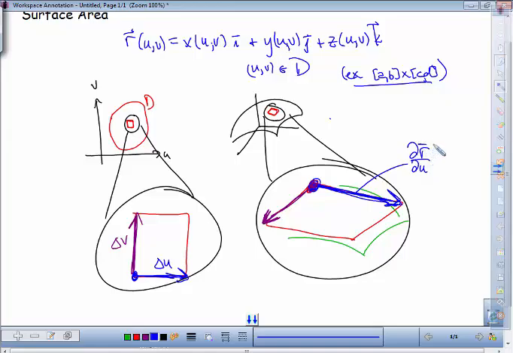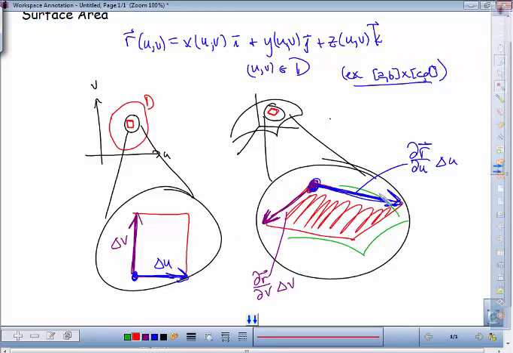And this is a vector, so we have to acknowledge that. And then depending on the length of u, there's going to be some delta u involved there. And then likewise, we have this vector over here, which is the partial of r with respect to v, with the delta v component.